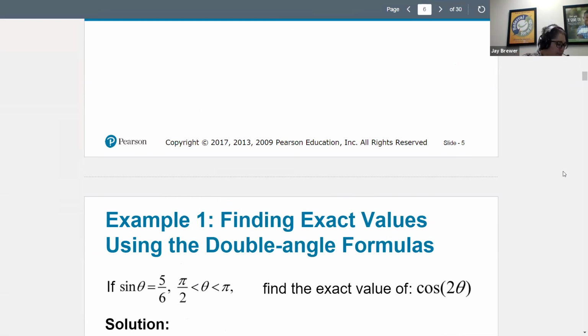Okay. So because we're given a sine theta, the easiest of our double angles to use would be cosine 2 theta, because one of the options is using sine.